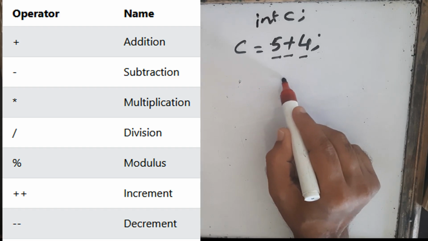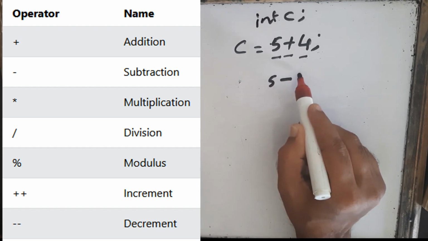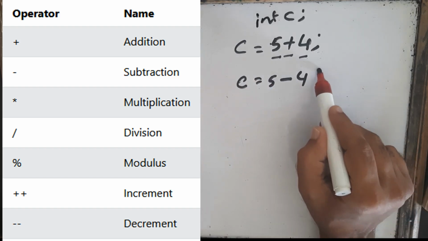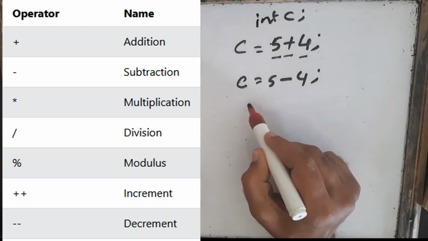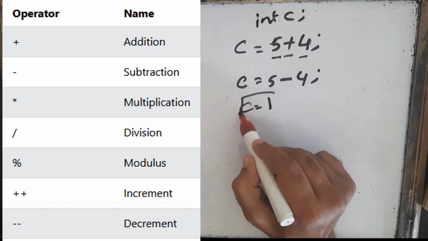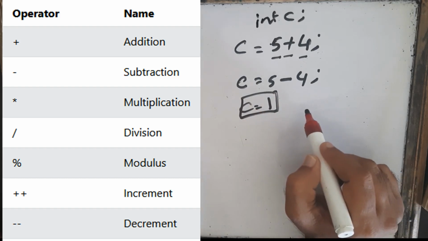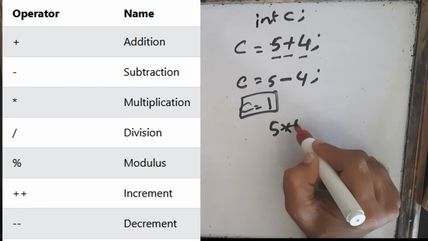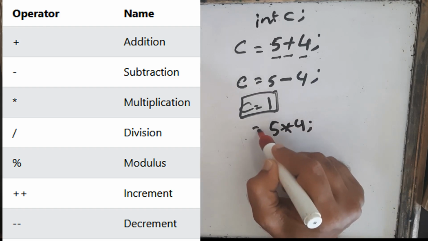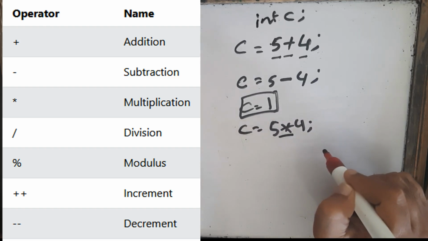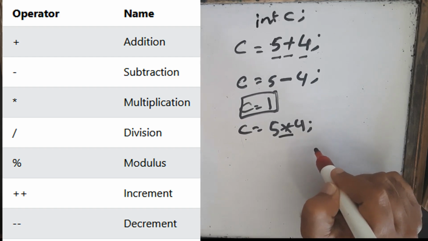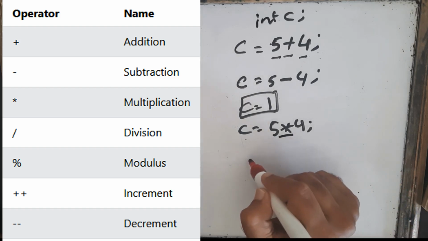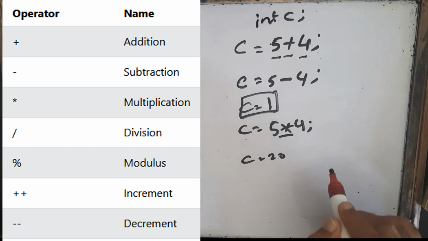And we have subtraction. You can do the same for 5 minus 4 here. Then you will get the answer 1, and 1 will be assigned to C. Same for multiplication: if you do 5 asterisk 4, which is the multiplication symbol, 5 fours are 20, so C will be assigned 20.